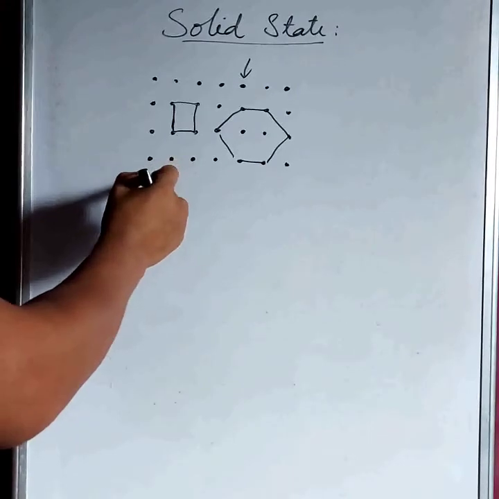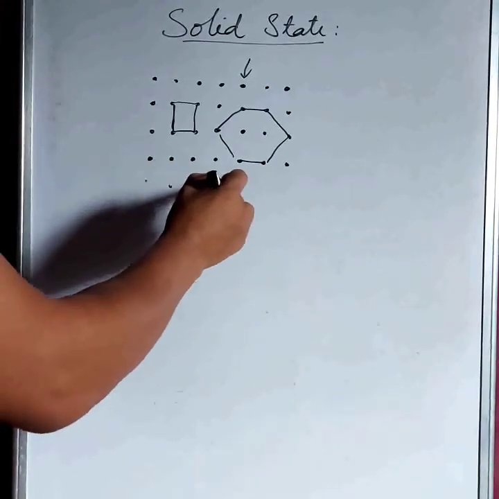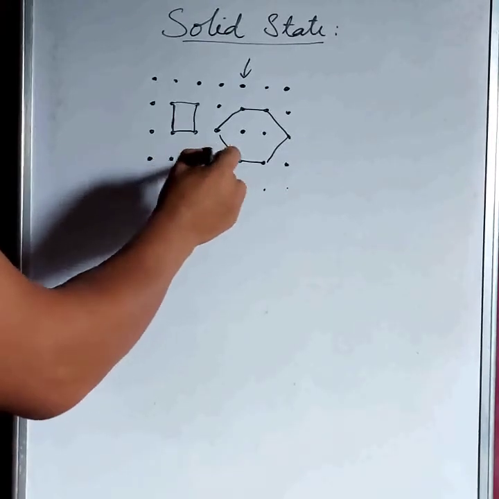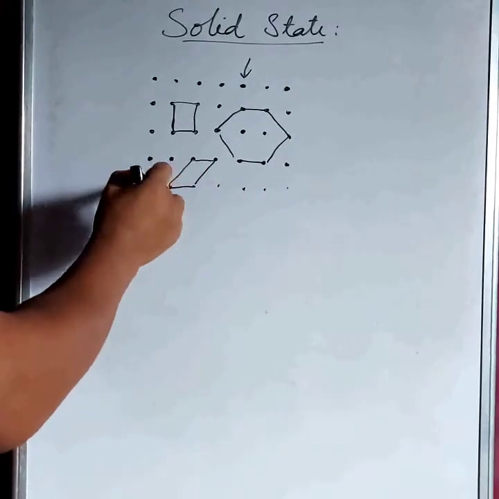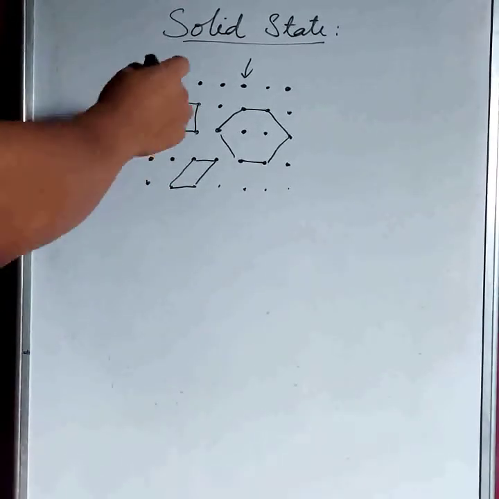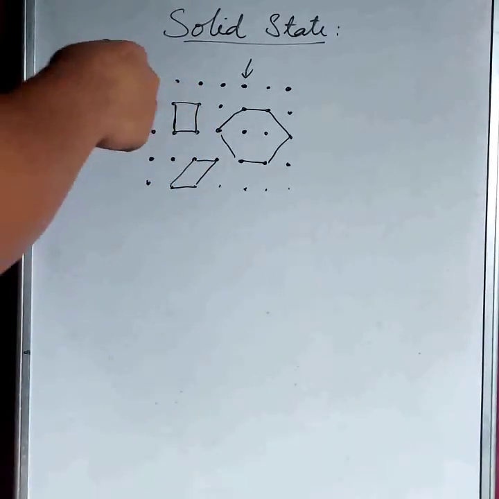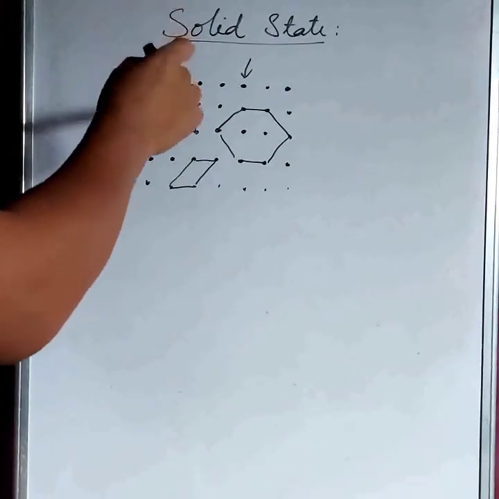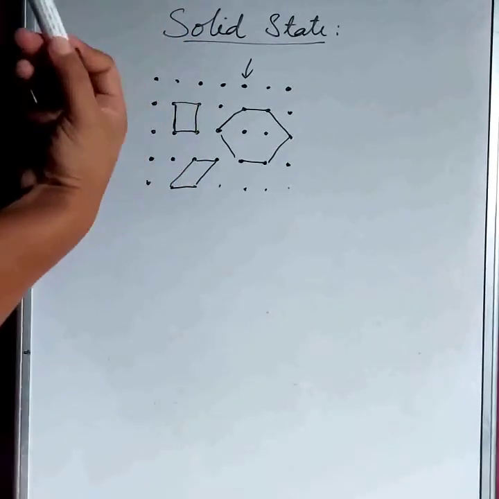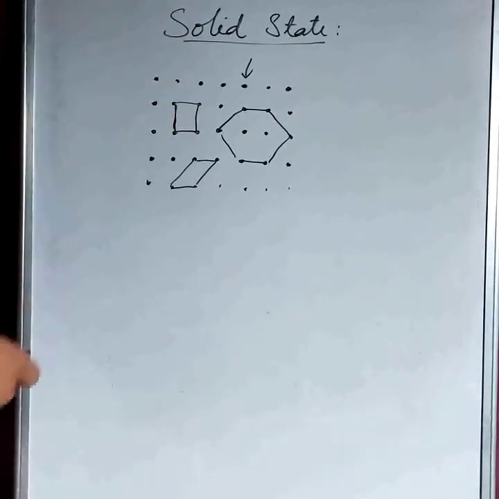Or suppose we have some more here at this point, then we can even generate a rhomboidal structure. These are 2-dimensional structures because we have 2 sides and an angle. And then if you project this image into the board or out of the board, we can generate a 3-dimensional structure.